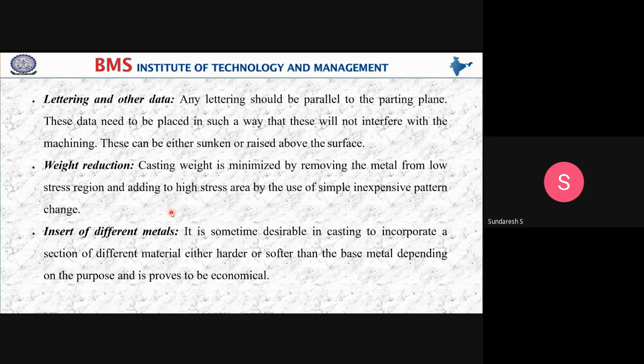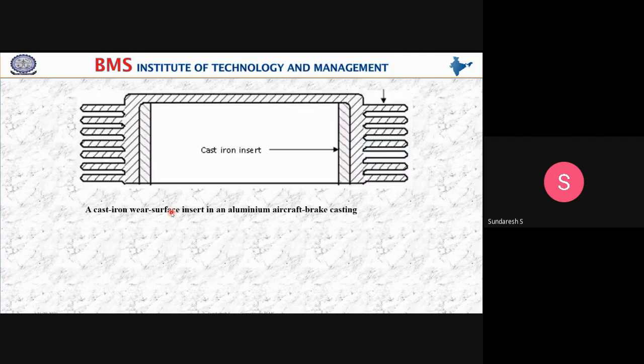So you may need to have different materials inserted within the casting, which might be either harder or softer than the base metal, depending on the purpose you are using it for, and of course it proves to be economical. So this is the casting inserts.